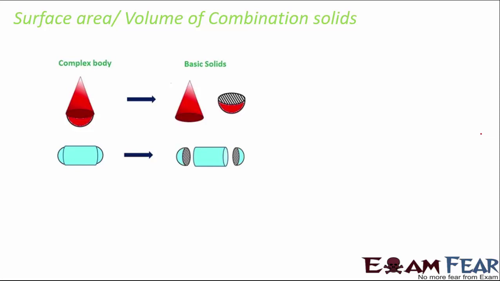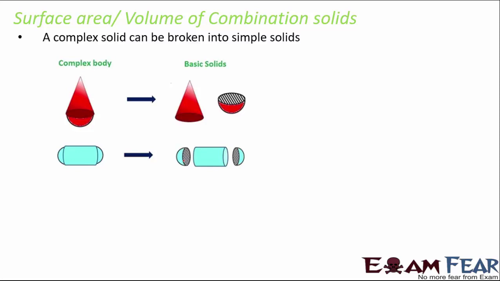For example, here if you look at this shape, it's like a droplet. This basically is made up of a cone and a hemisphere. If you look at this shape, which is in the shape of a tablet or a toffee, it's made up of one cylinder and two hemispheres, right? So that's how you will have to visualize what that complex body is made up of.